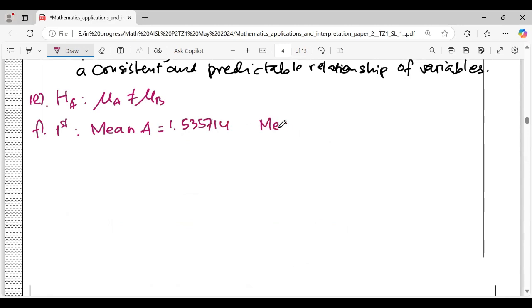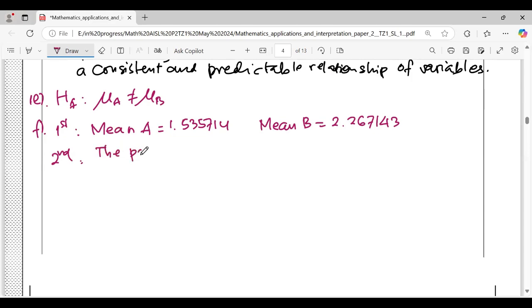And mean B, with the same procedure, I can determine 2.26714.